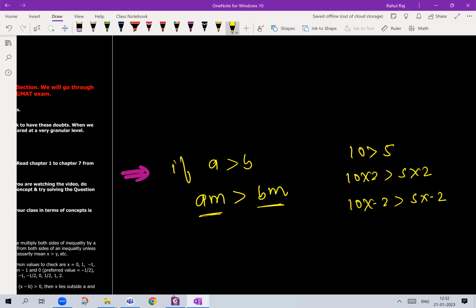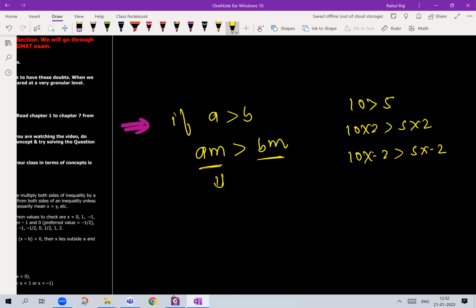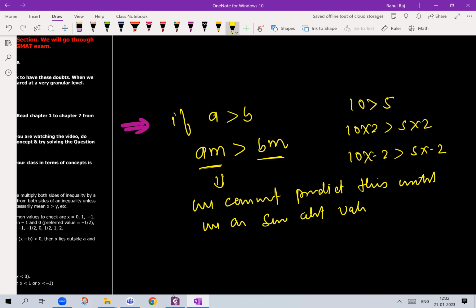So if A is greater than B, AM is greater than BM, we cannot predict this until we are sure about the value of M. Simple logic. Pretty simple. Is this agreed?